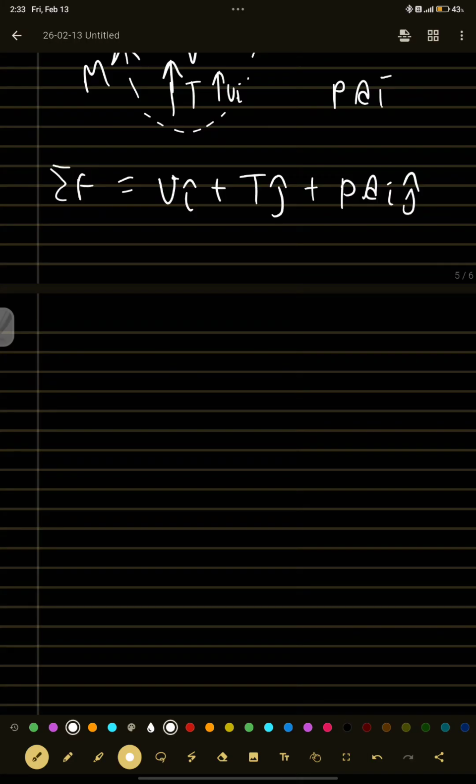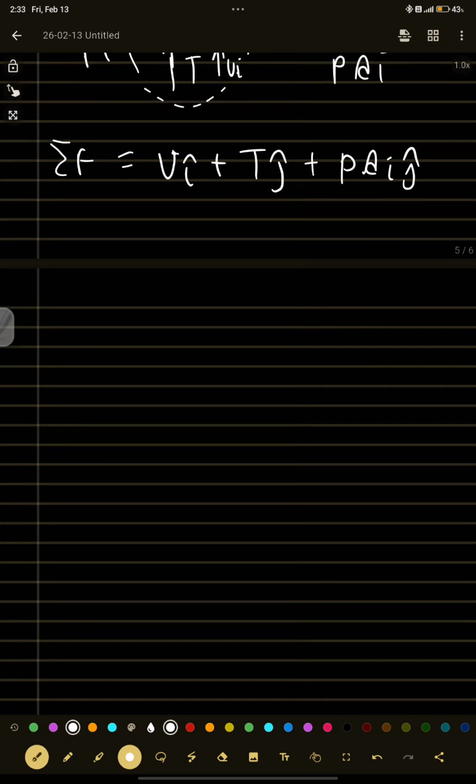And this is the left hand side of the equation. What do you get for the right hand side? Ms dot. How much is Ms dot? What is the total flow? 10 feet into the specific weight.